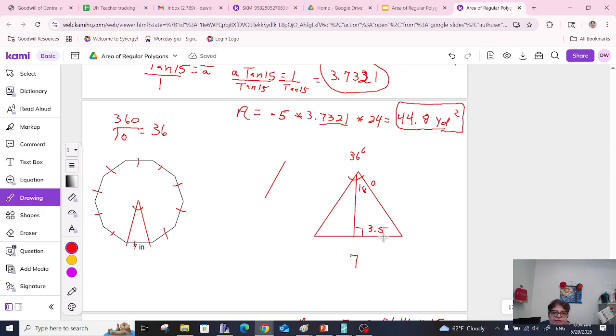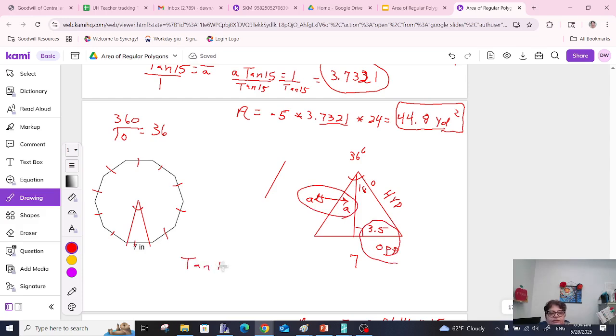Once I have this, I'm going to have to use trigonometry to find the height of this triangle, which is the apothem. Well, this is opposite, this is hypotenuse, and this is adjacent. So I have opposite. I'm looking for adjacent, which would be tangent.